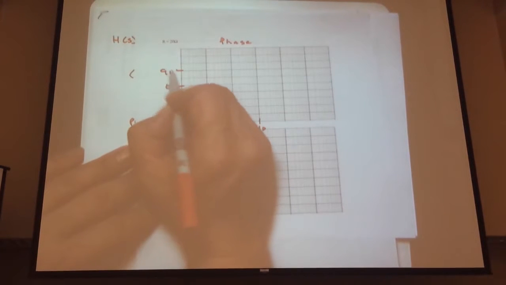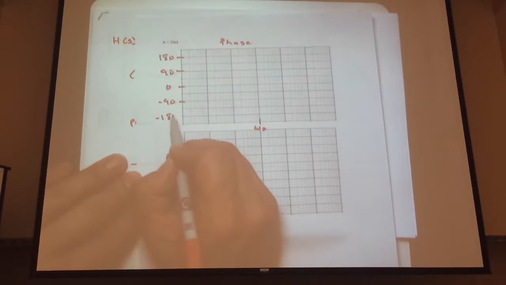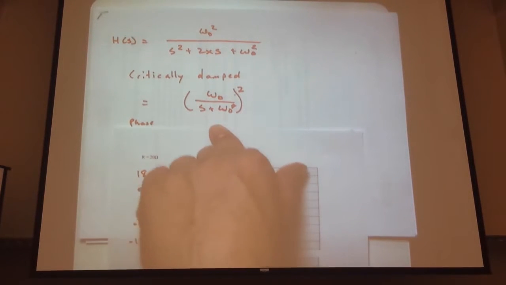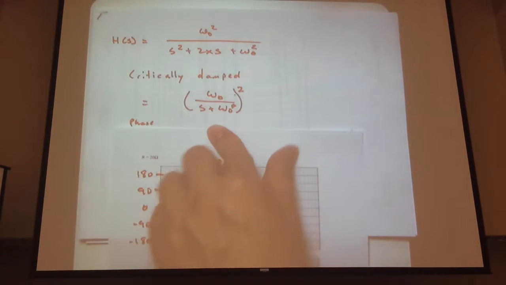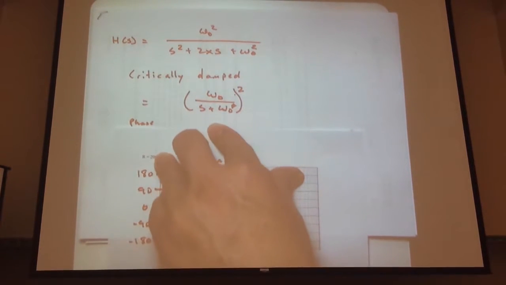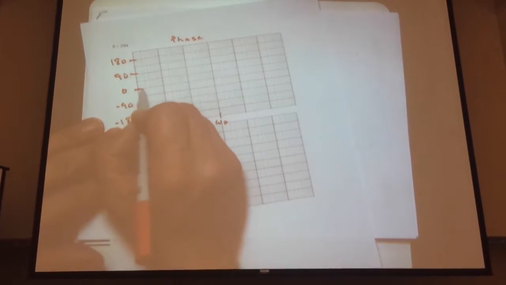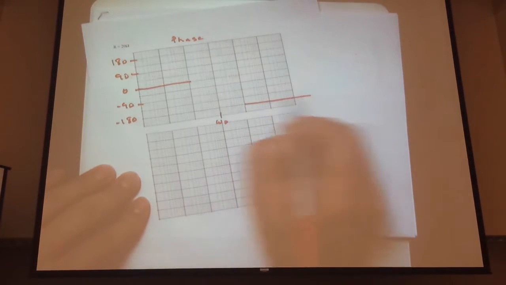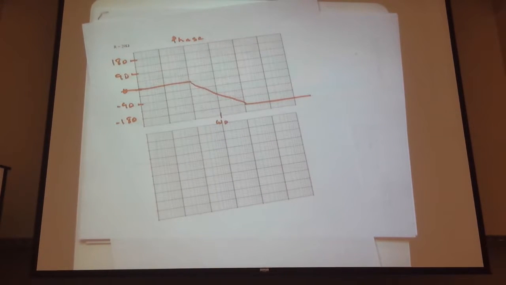There's 0, 90, 180, minus 90, minus 180. Well, for omega small, what's the phase of this? For omega much, much less than omega naught, or S less than omega naught, what's the phase? Something we should be able to do by inspection. 0. So far away, we have 0. And if this is critically damped, our change of phase of 180 degrees over 2 decades is realistic. And we do something like that. So there's our nice phase plot.